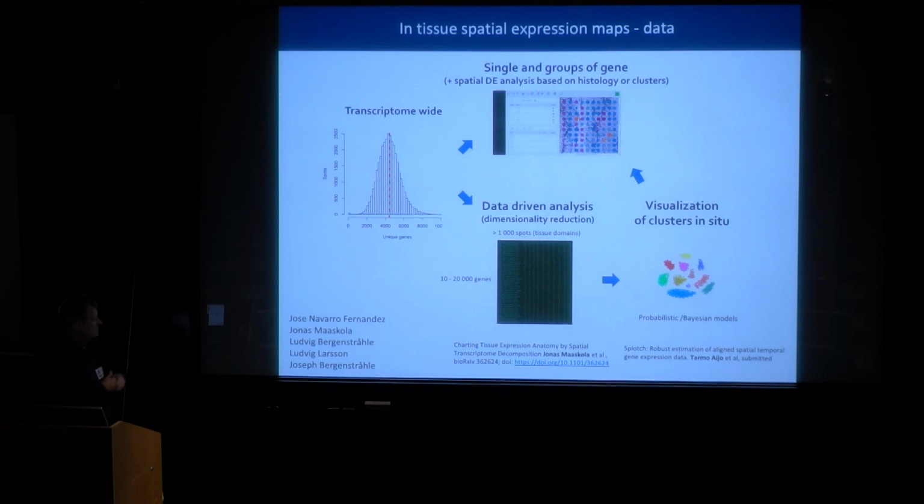And we have some papers on bioRxiv, and Tarmo here is also developing these tools. And I think this is an area of great research activity. How can we adopt these spatial transcriptome-wide data? So I will focus mostly on the data-driven analysis going forward.